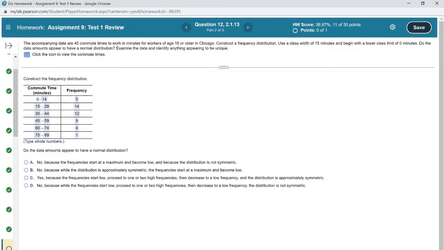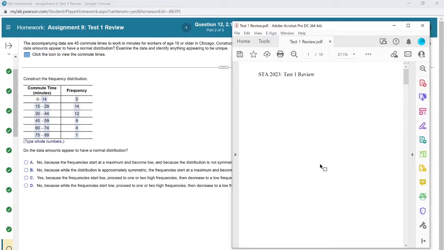So do the data amounts appear to have a normal distribution? Look here, a normal distribution starts lower and goes up smoothly, and then slightly goes down.